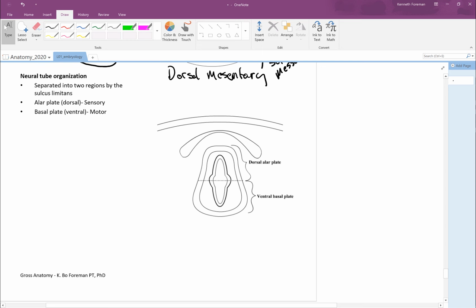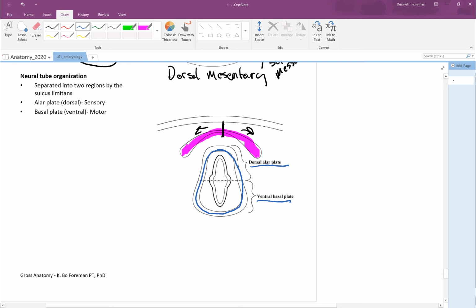So just talking a little bit about neural tube organization. Right here we have the neural crest, and yes, they do split here. So you get them on each side. And then we have our neural tube. Now the neural tube is derived into a dorsal or an alar plate and a ventral basal plate.